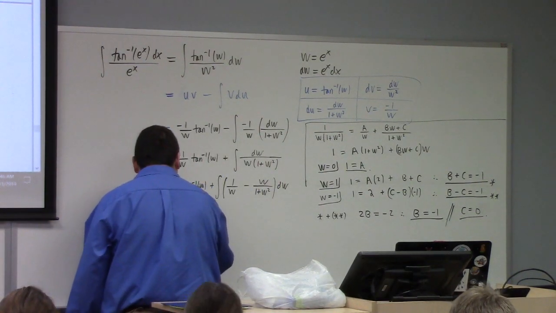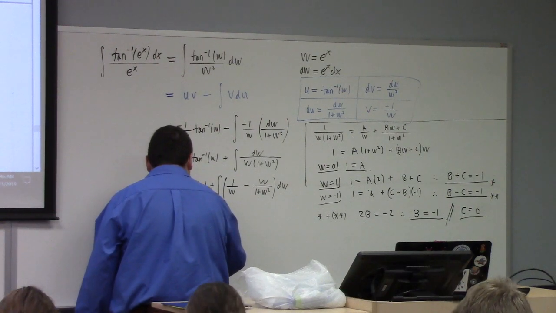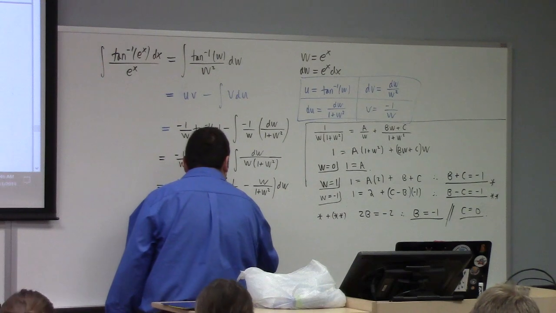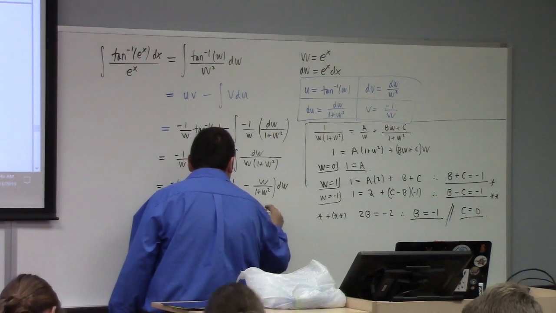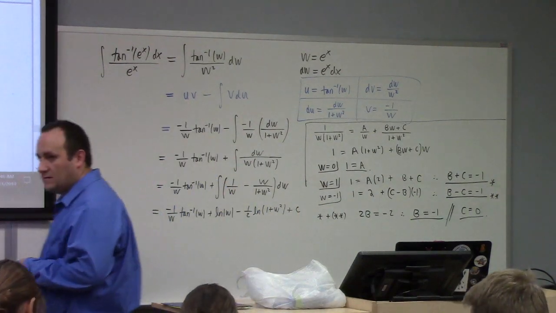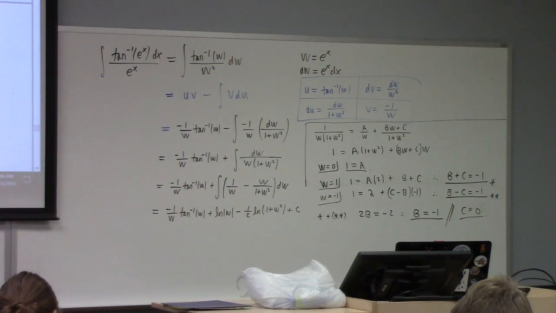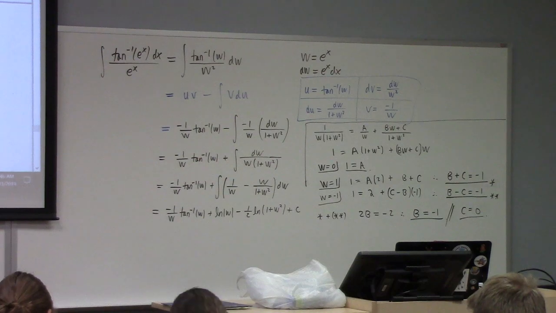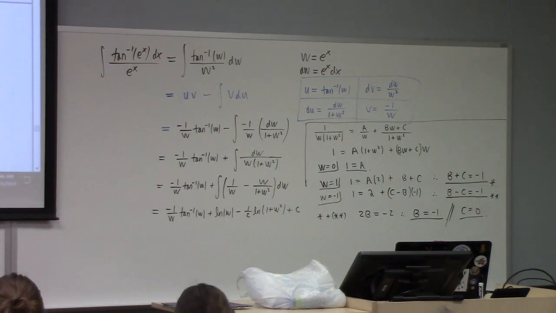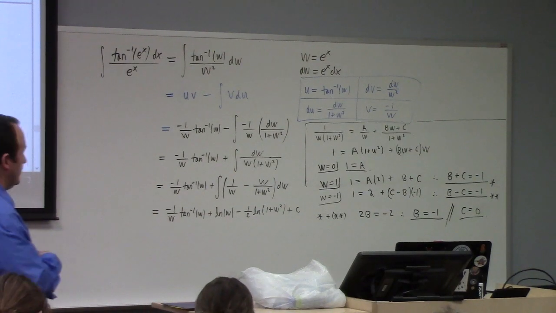So we get minus 1 over w, inverse tangent of w, plus the natural log of the absolute value of w, minus 1/2 natural log of 1 plus w squared, plus a constant, making the natural substitutions there. And then, of course, at the end of it, we have to go back to x, right? So w is e to the x.